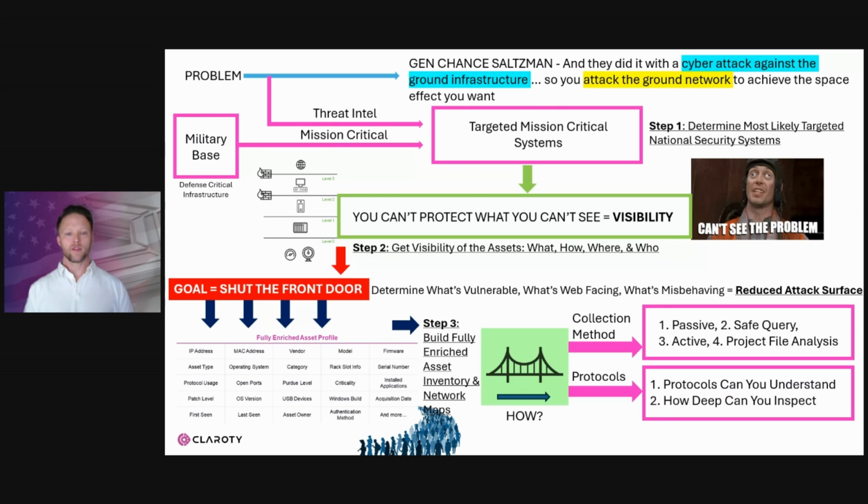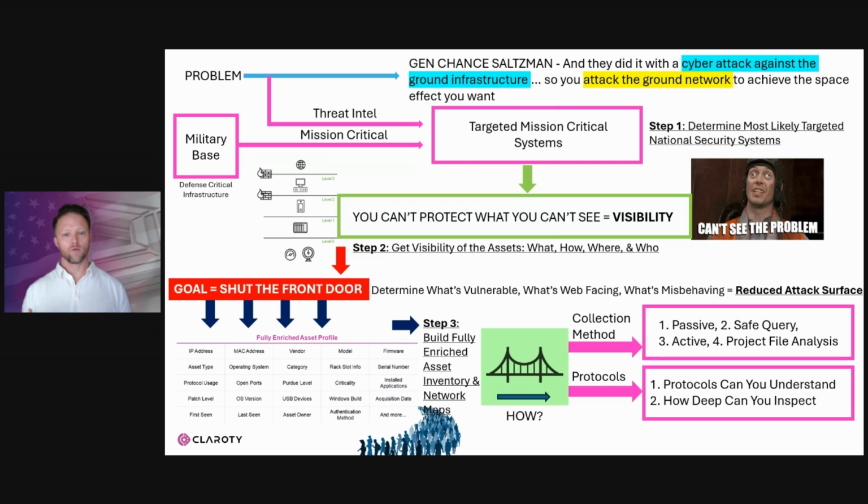But to do that, there are different collection methods. Historically, there's one called passive, where you put a sensor on a network and you just passively collect the traffic as it passes by that switch that's on the network. Some more cutting edge are like safe query, industrial safe query, where you communicate with the asset to determine what the asset is, what the firmware is.